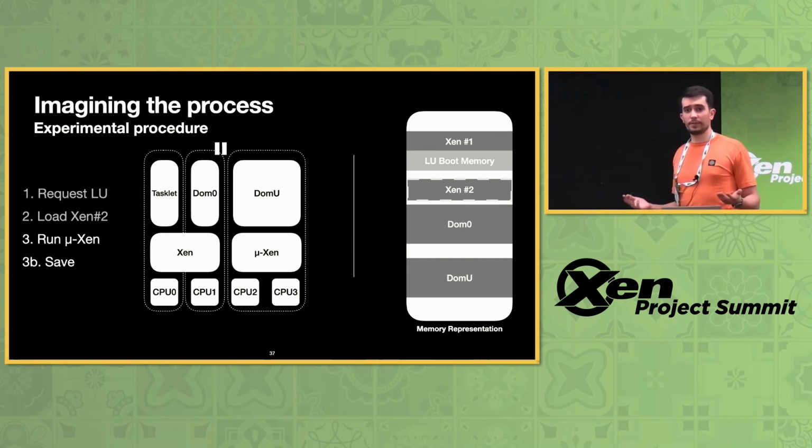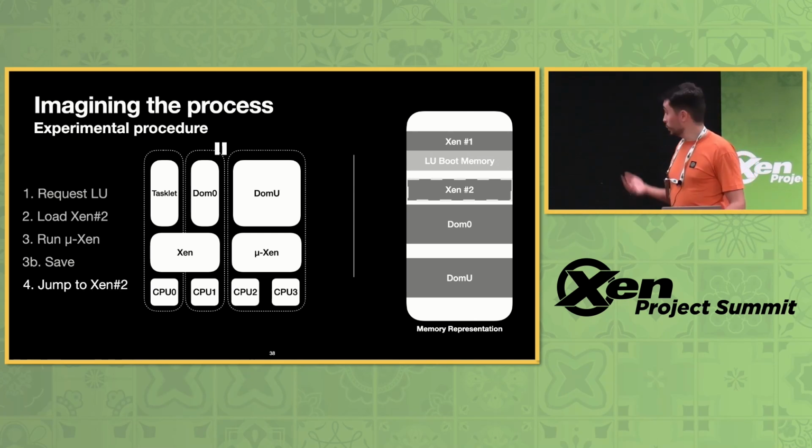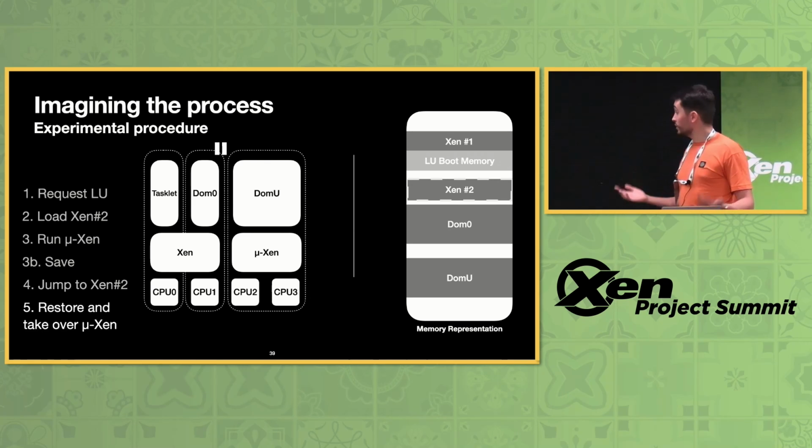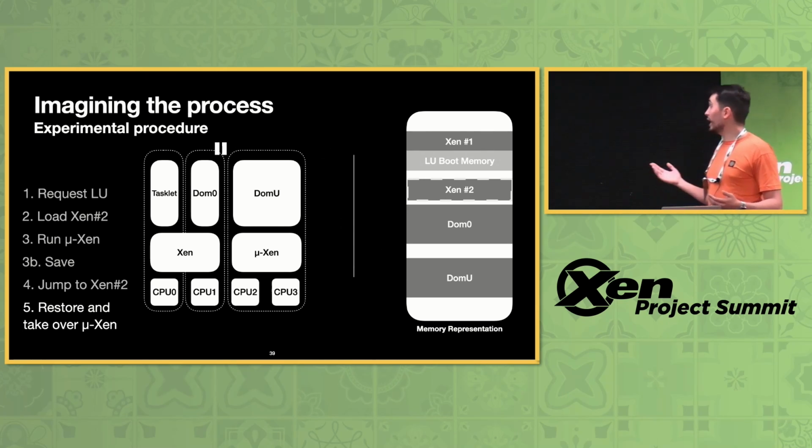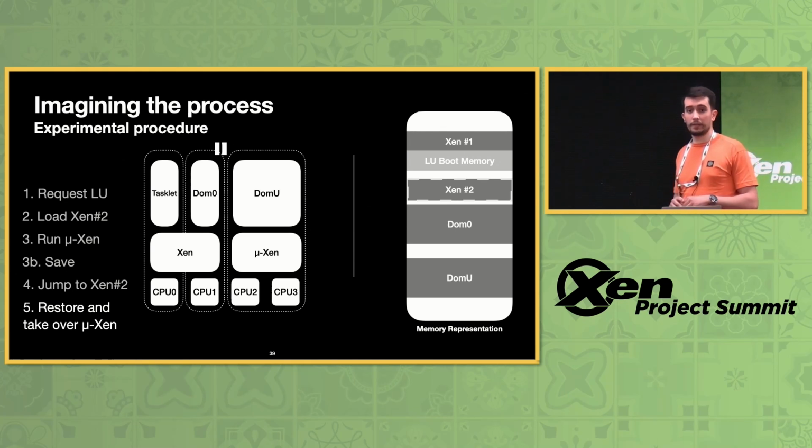And as long as nothing prevents it from running, we can just keep it running. We would then, as we do with the current solution, jump to Xen 2, restore the state we have saved, and make Xen take over from microxen, and that's it.